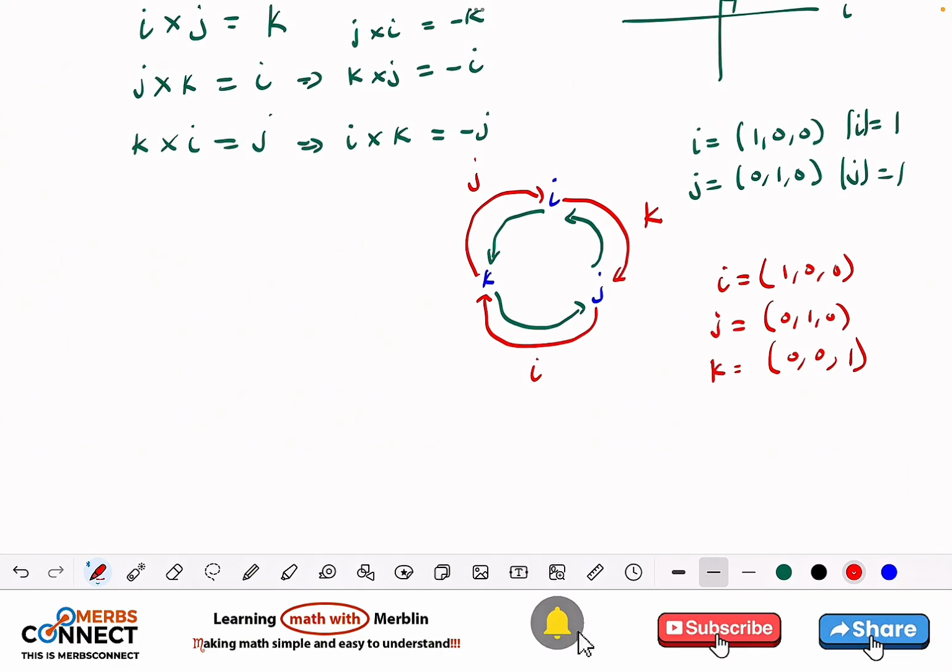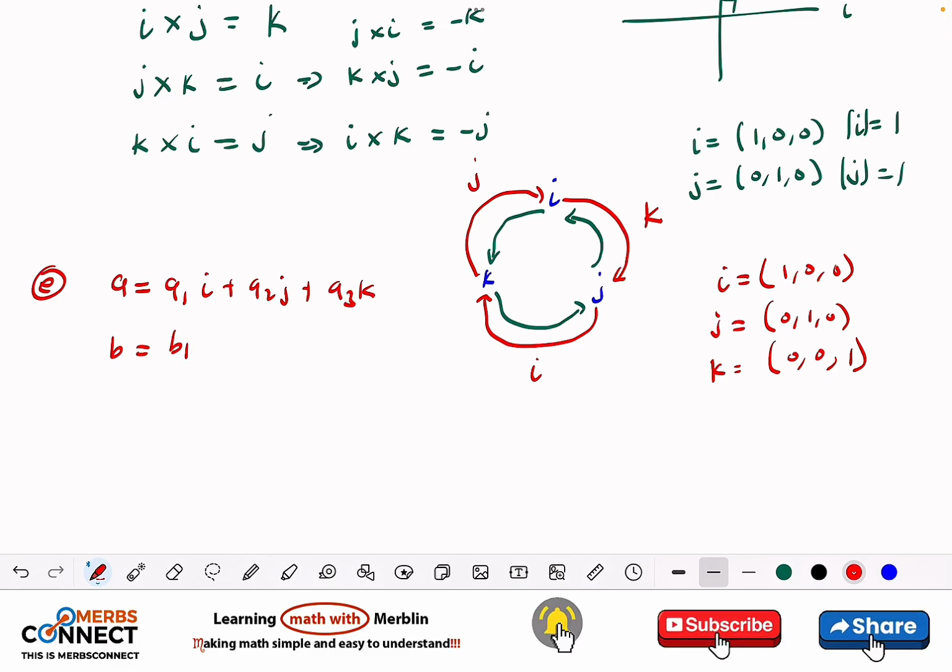Let's look at a. Let's assume that a is equal to a1 i plus a2 j plus a3 k, right? So this is a vector. Let's assume that b is b1 i plus b2 j plus b3 k.